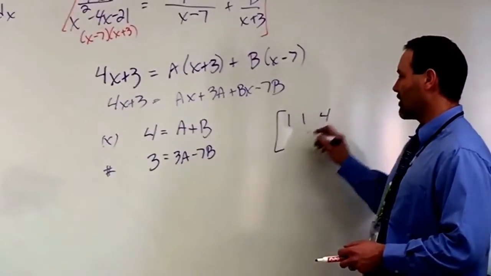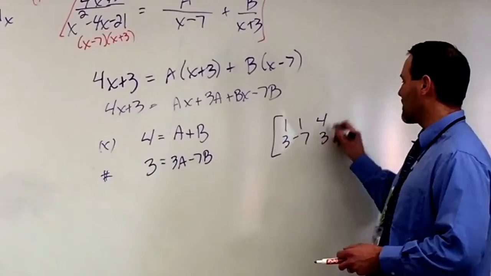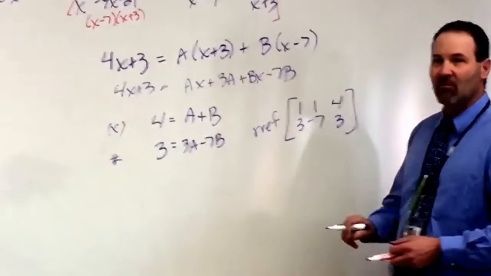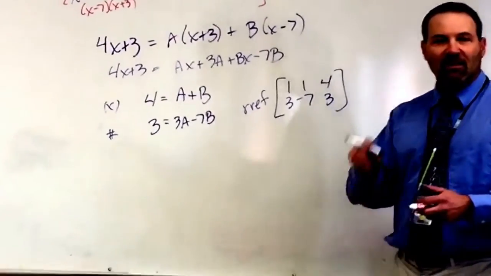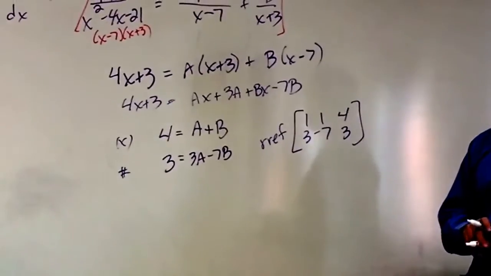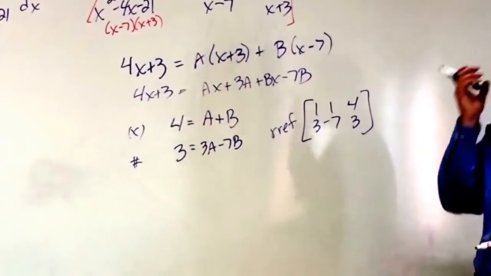1, 1, 4, 3, negative 7, 3. Reduce row echelon. Remember that stuff? It's just a weird abbreviation for something. Hit math, and hit the frac button. It'll give you the fractional answers.